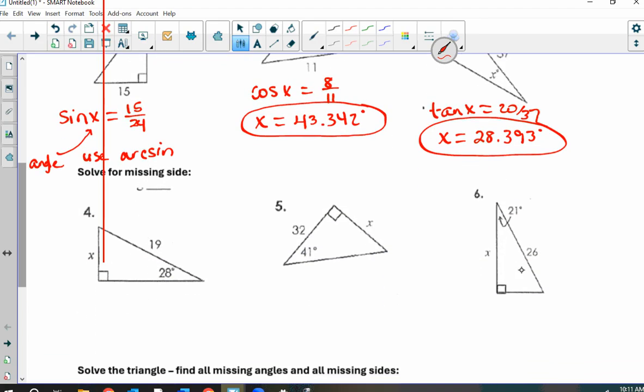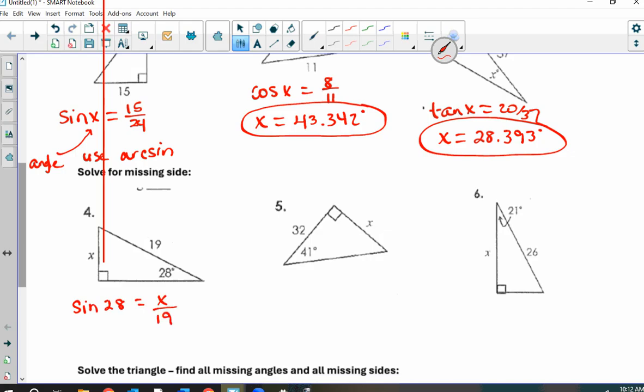All right, we're going to solve for the missing side here. We're not solving for an angle, so are we going to need to use the arc anymore? Nope, we're just using regular sine, cosine, tangent. So on number 4, what would you set up? Sine 28 equals x over 19.